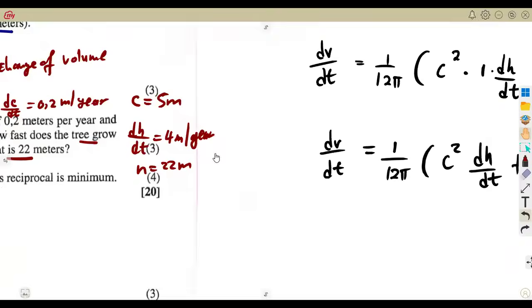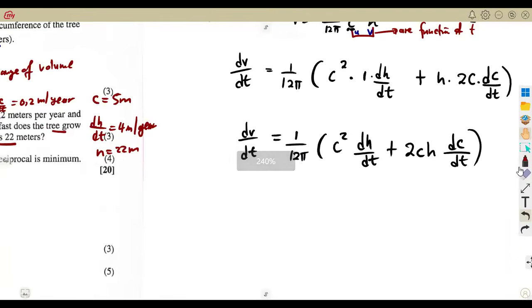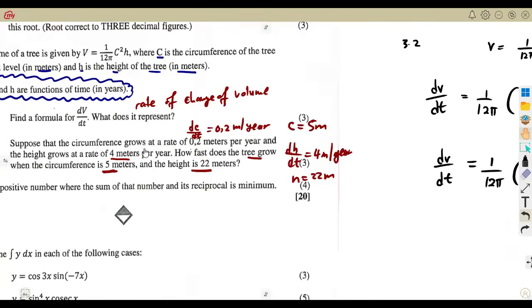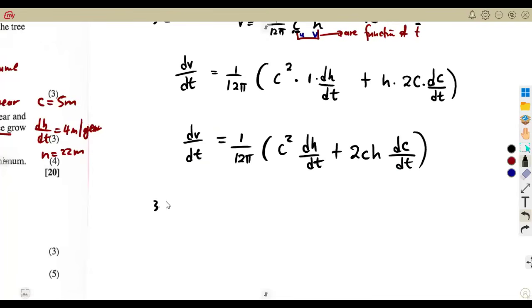So they gave us everything, you just need to substitute into the formula, because this is your dv dt. And from there, that's 3.2.2. It was just a matter of substituting. They are simply asking you the volume with respect to time.